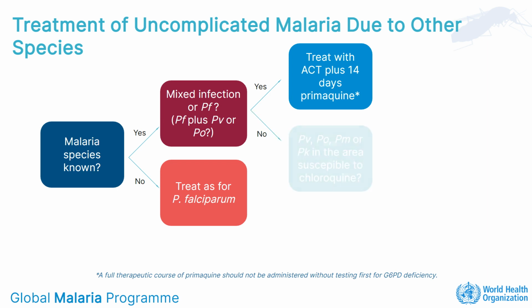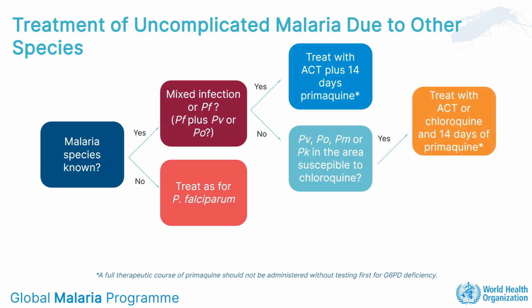If the patient is infected with Plasmodium vivax, Plasmodium ovale, Plasmodium malariae, or Plasmodium knowlesi, a species of simian malaria that can affect humans, in an area with known chloroquine-sensitive infections, there is an option to treat the patient with either an ACT or chloroquine plus 14 days of primaquine.